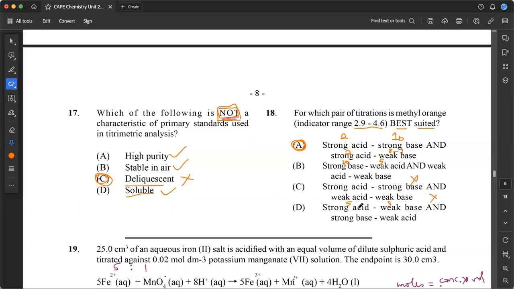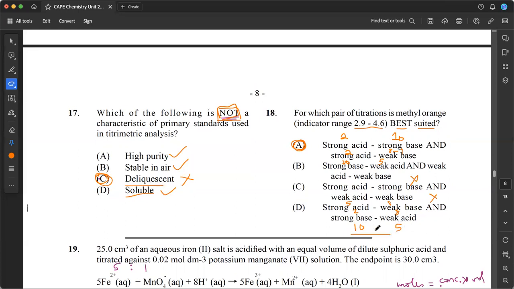Could we use it for this? Strong acid, weak base, that would be pH 2. Weak base would be, what did we say for weak base again? Around 8, right? We could use it for this first one, but could we use it for this last one? Strong base would have what we said, 10, and we said weak acid would have like 5.